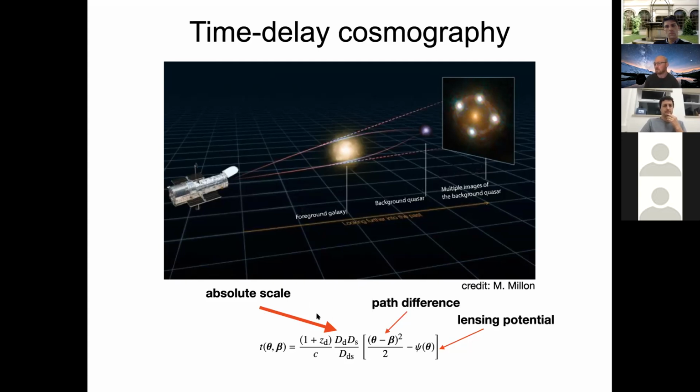What you get is a difference between the arrival time of photons at different images due to 2 effects. One is the path difference between, in essence, the top and the bottom path. So you have a geometric effect, and you have a lensing potential effect. You can think of it as a refraction index. So it's the same language.